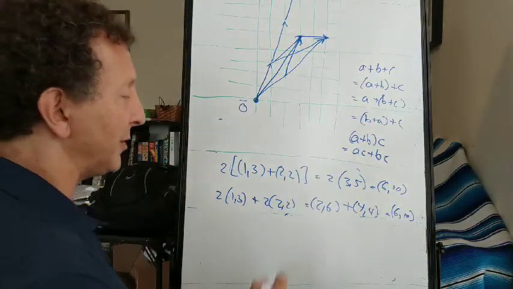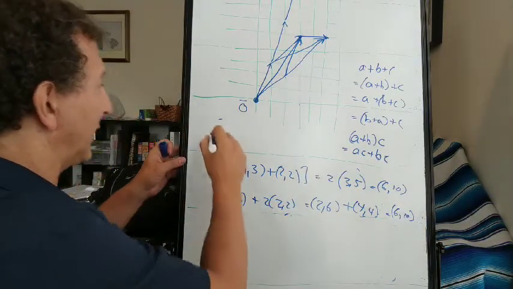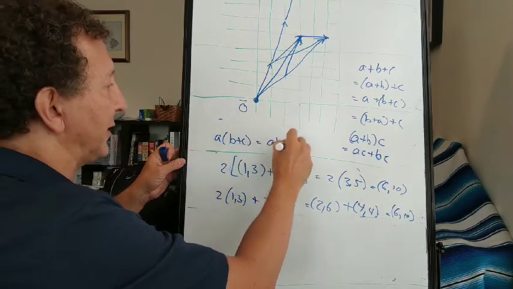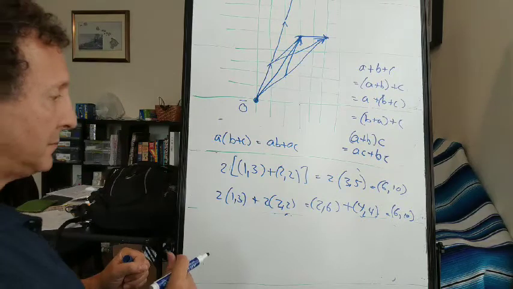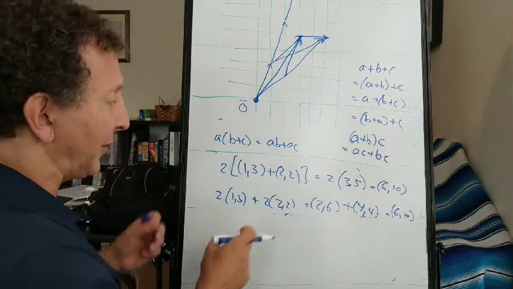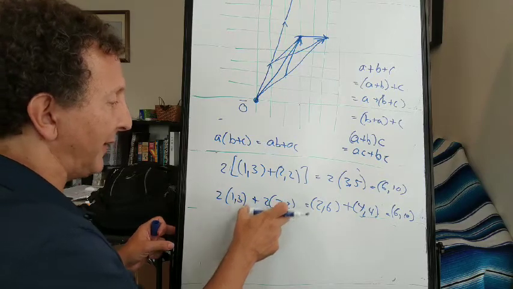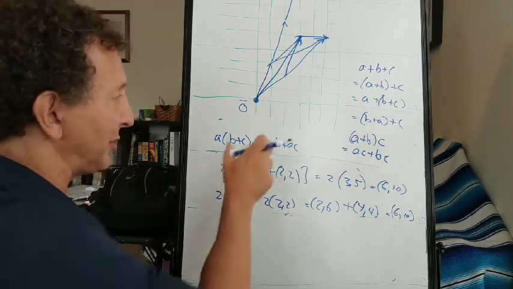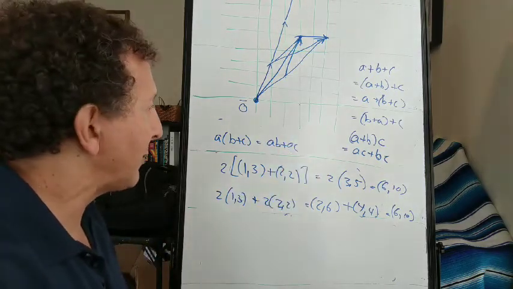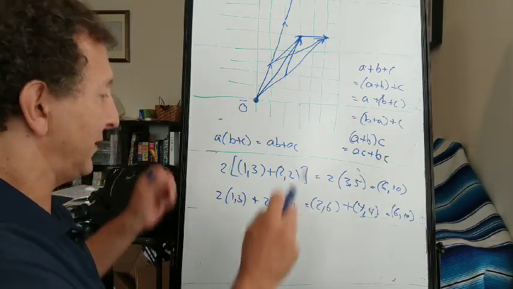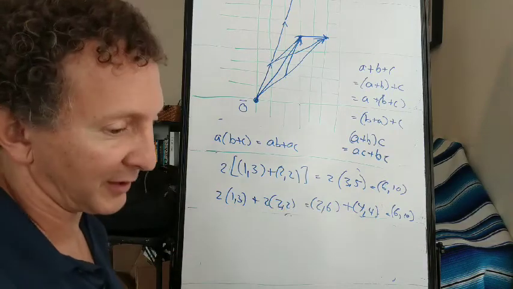Again, just using the distributive rule, this time it looked a little bit more like a times (b plus c) equals ab plus ac. And the reason it works for pairs of real numbers is because it works for the first components and the second components separately. So I'm just using the distributive property of real numbers twice. Once in the first component, once in the second component.